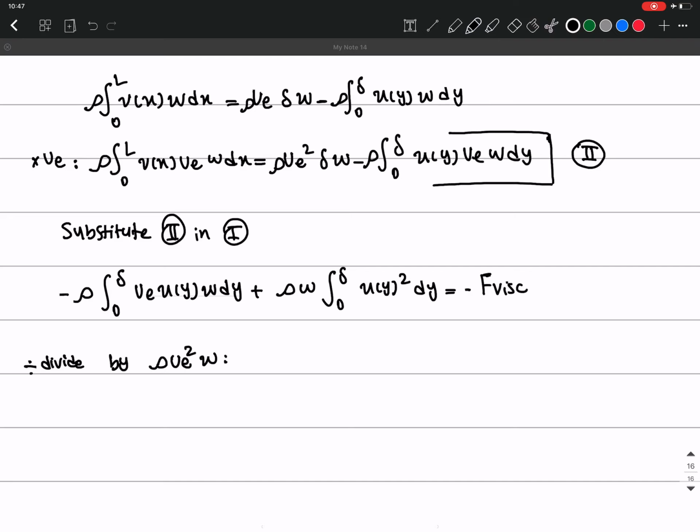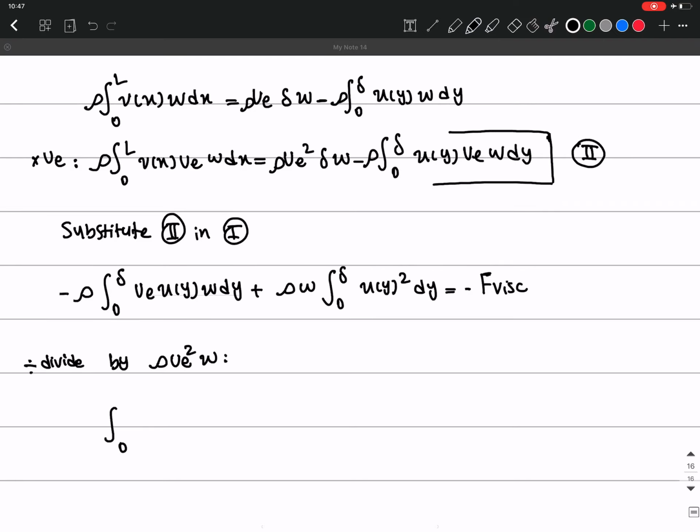We are going to have the integral from 0 to delta of U over UE plus, let me see what I did here.